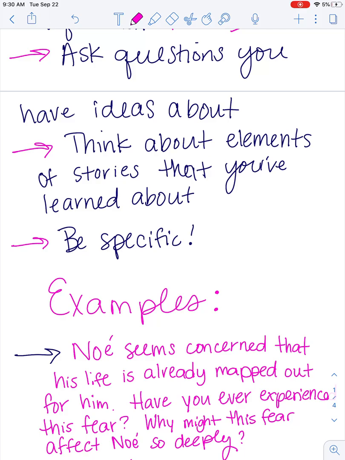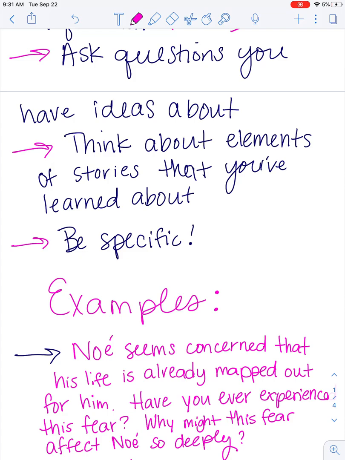I'm also interested to think, is there a reason that this fear might affect Noe more deeply than other people in some way? Why is it affecting him so deeply? What is it about his life that causes this to be a deep concern to him? I think that would be really interesting to talk about. I got that from my jots, because a lot of my initial jots were about this idea.